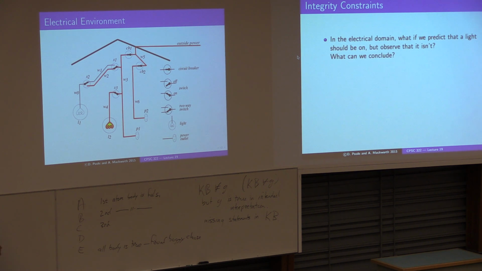If you look at this diagram and I say, actually switch 3 is up, but light L2 is not lit, what might be wrong? What's happening? Suppose we don't have a bug in our program. What happens when you turn a switch and the light doesn't go on? What do you think?